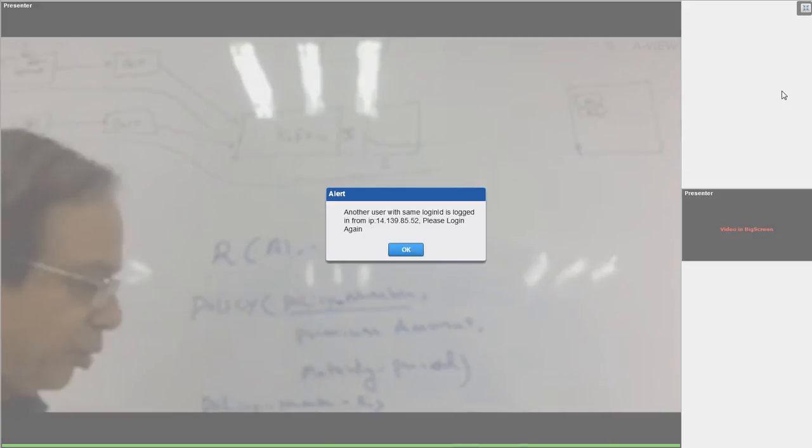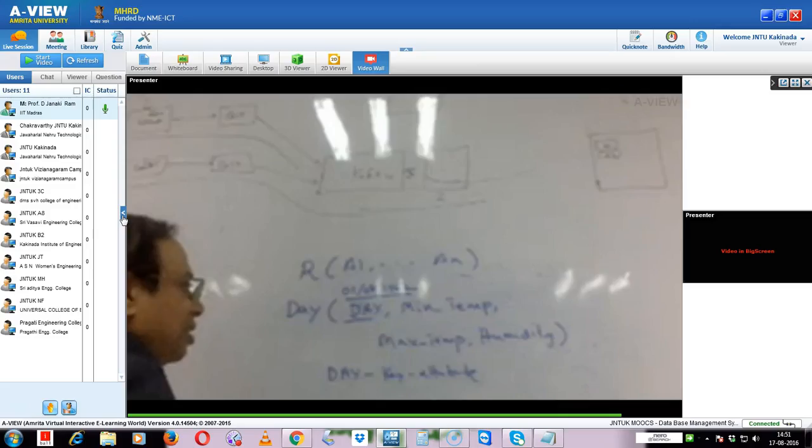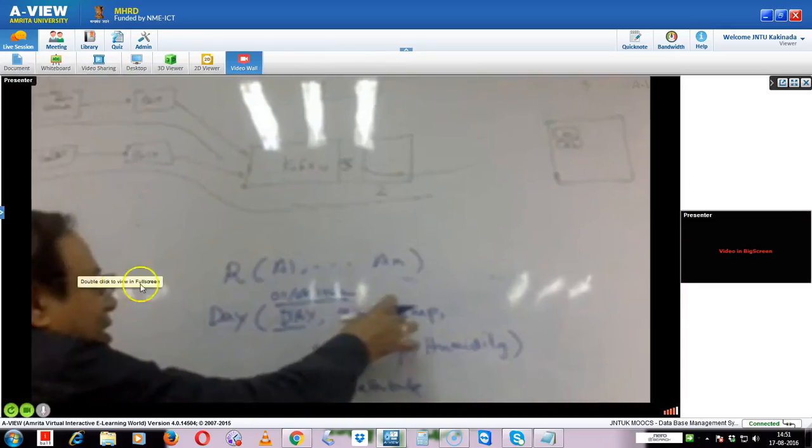Similarly, if you look at a weather station, for example, then you can store the weather data. Temperature again is an integer, humidity may be a float.